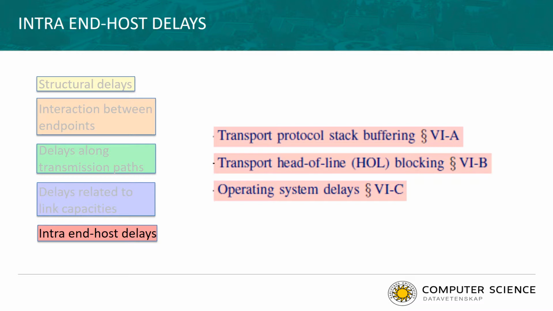And this is a delay that you encounter when packets arrive out of order. And if you need to provide in-order delivery to the application, you have packets available, but you are not able to deliver them because some other piece of data is missing. And this is what we call head of line blocking delay. You may also have various operating system delays.